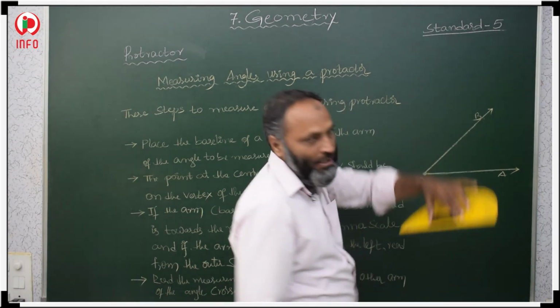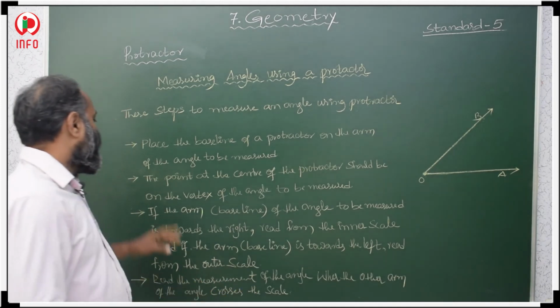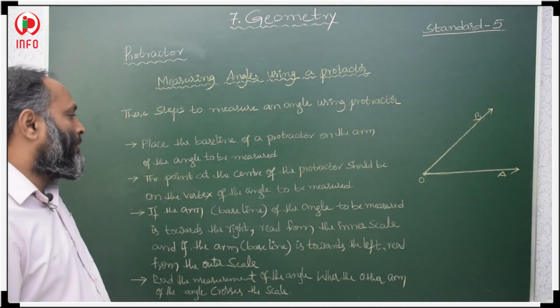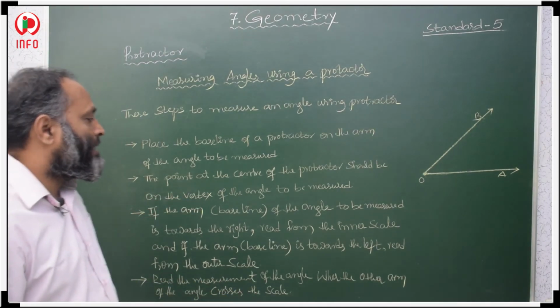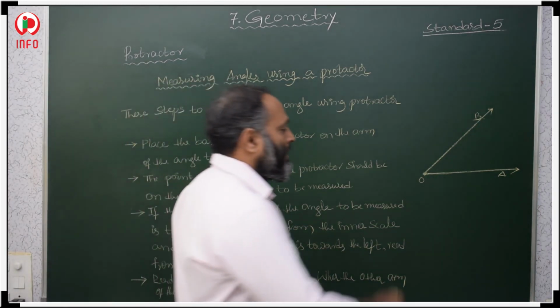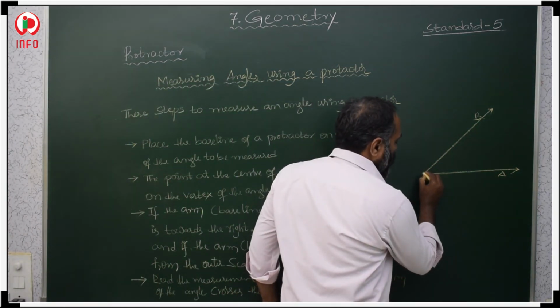Then in the second point, the center point of the protractor should be on the vertex of the angle to be measured. So here is the vertex of the angle.